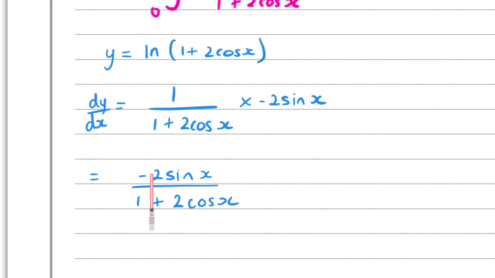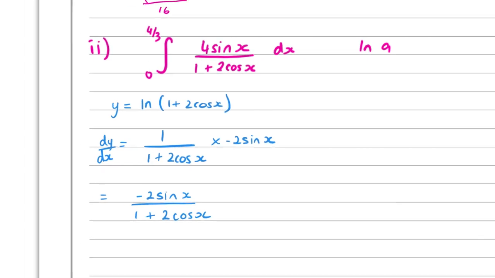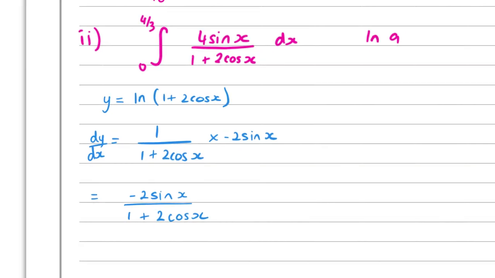Now, we don't want minus 2. We want 4. So what do I need to multiply this whole thing by to get 4? Minus 2. So I need to do that in the original one. So I get minus 2. So what we've done is we've worked backwards. So I know that if I integrate this, this is my answer.